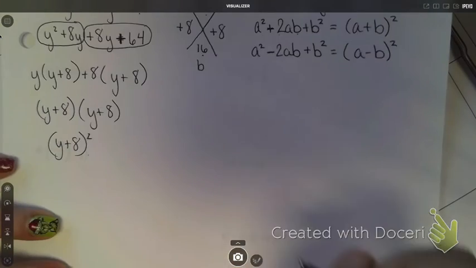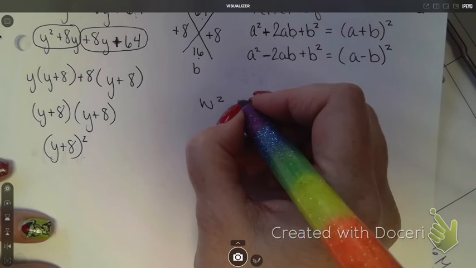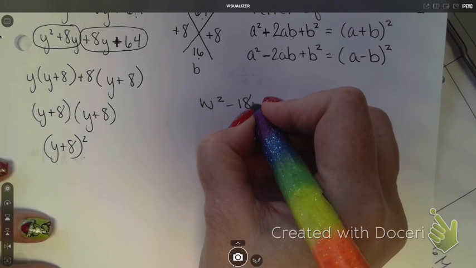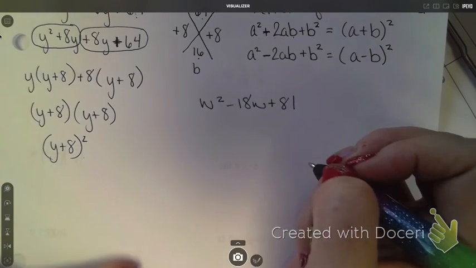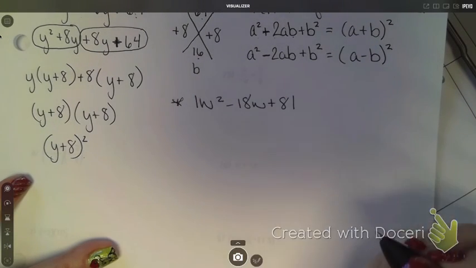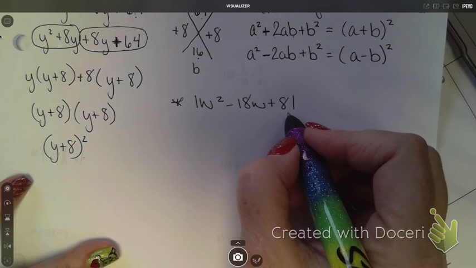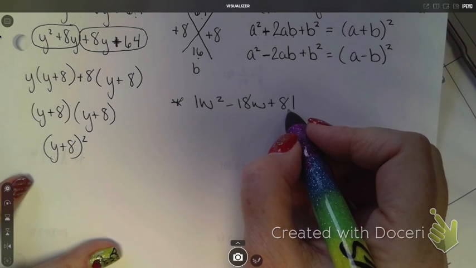Okay, so let's try one more. w squared minus 18w plus 81. So I'm walking along in my homework, and I notice 1 is a perfect square. Is 81 a perfect square? Yeah. So in my brain, what's the square root of 81? 9. 9 times 2 is 18.